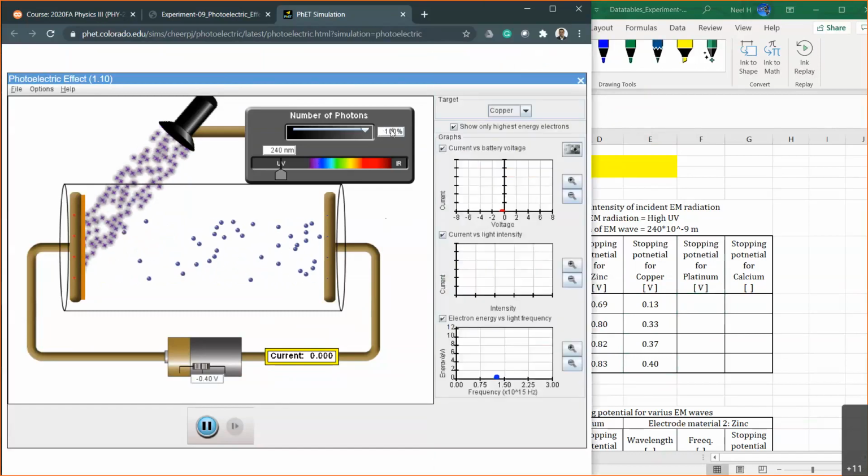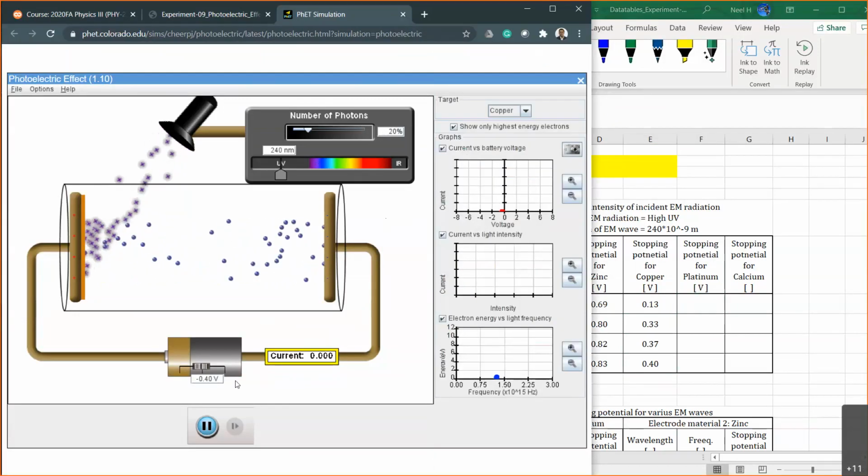Go back to 20%. Put voltage at 0 first to observe the current. Yeah, that's about the same number as the copper. You can see both of them are good metals. Try negative 0.2, already 0.19, 18, 15, 12, 13.